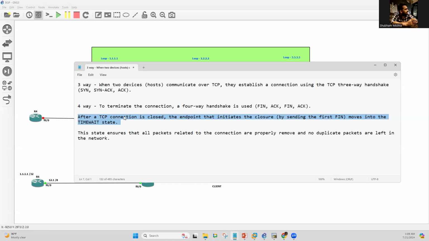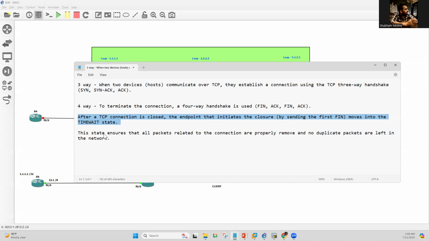Time wait state. Again I am telling you, the device which initiates the TCP closure, that device will move the port into which state? Time wait state. Getting my point?